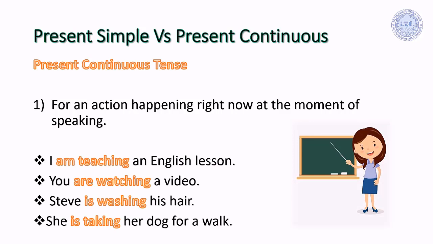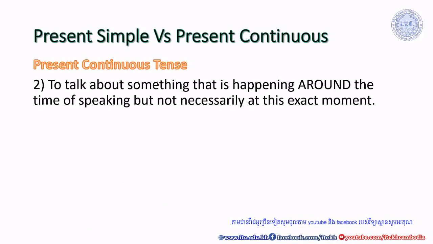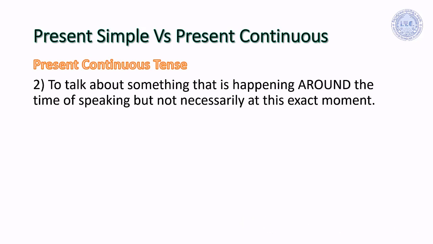Yes, that is what is happening right now. You are watching a video. Yes, that is what you are doing right now. You can see that these sentences happen right now and they are temporary actions, normally for a short period of time.